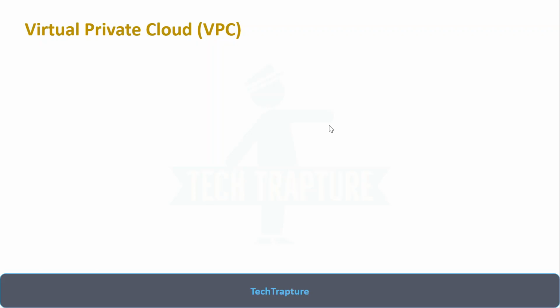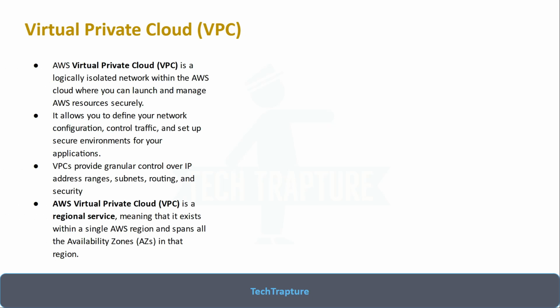We'll see what is a virtual private cloud, or VPC. I'll show you a theoretical definition of a VPC. I'm not going to drag you through a lot of theory, and we'll directly jump into the hands-on in our AWS console. A VPC is your virtual private cloud. It's a logically isolated network within the AWS cloud. Suppose you have to create a virtual machine or your AWS EKS cluster.